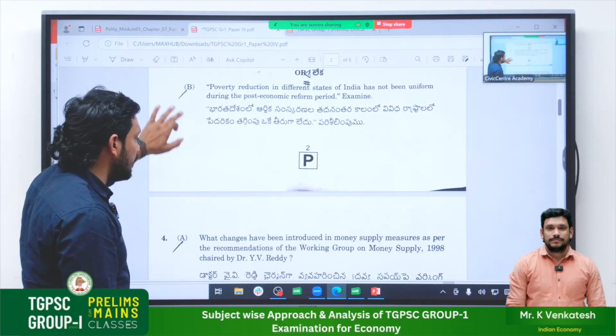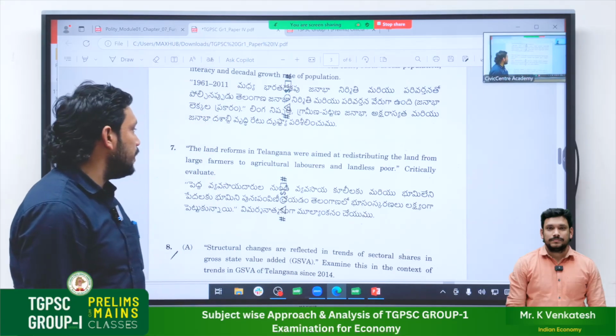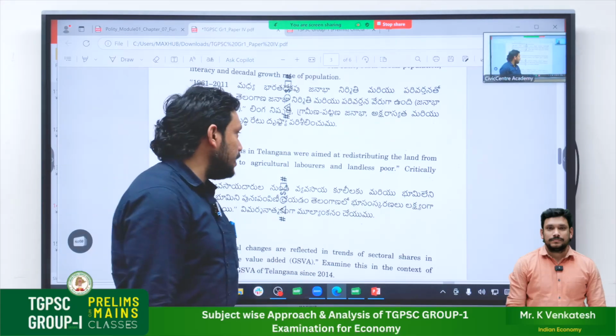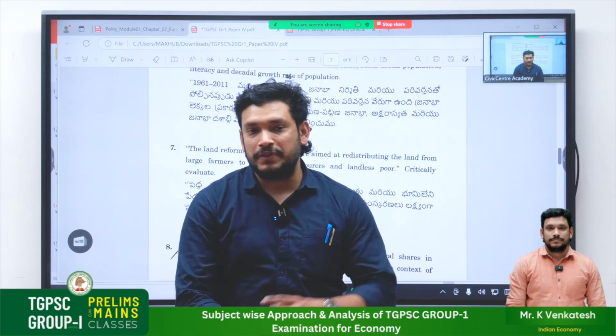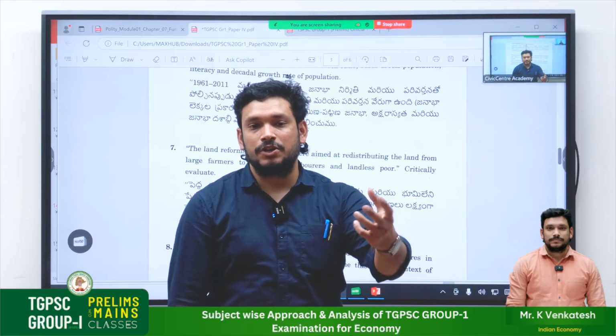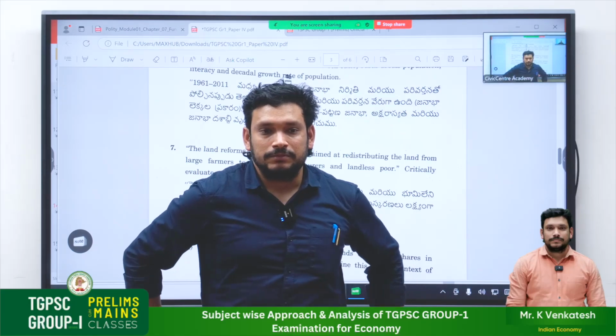Next, let's see Telangana's questions. The land reforms in Telangana were aimed at redistributing the land from large farmers to agricultural laborers and landless poor. Yes, land reforms. As we discussed, land reforms is a failure. We know that something is not correct. Swachh Bharat, is it a success or a failure?